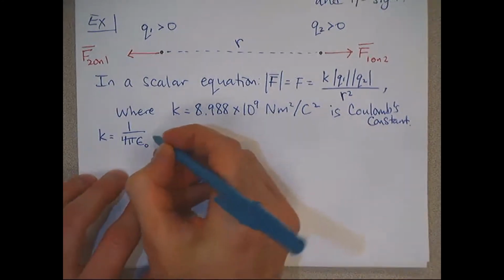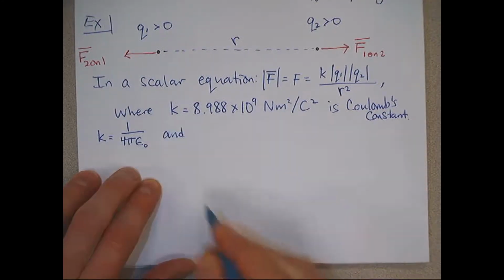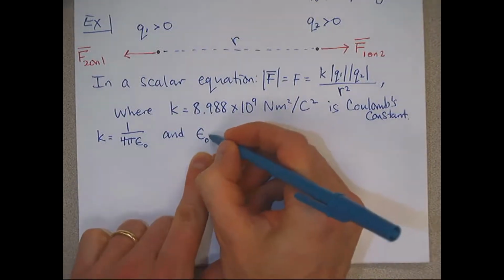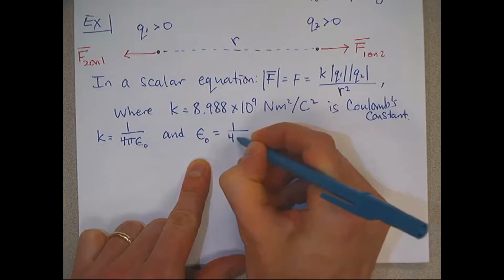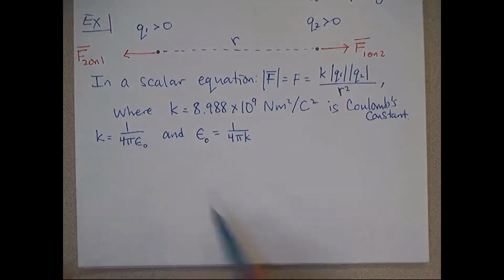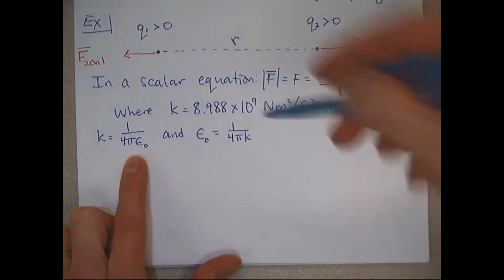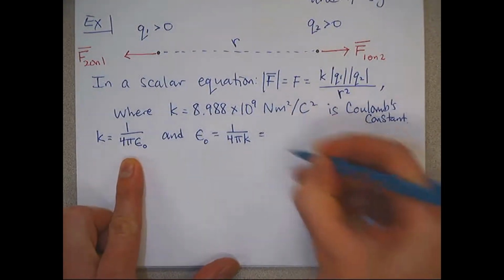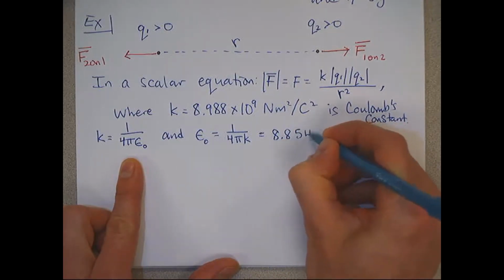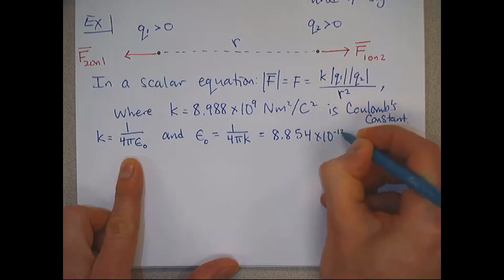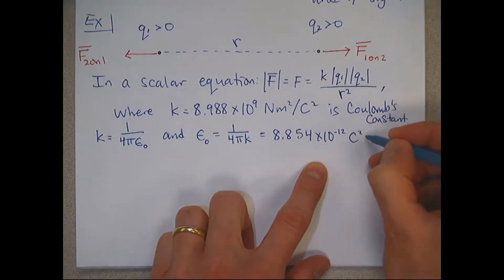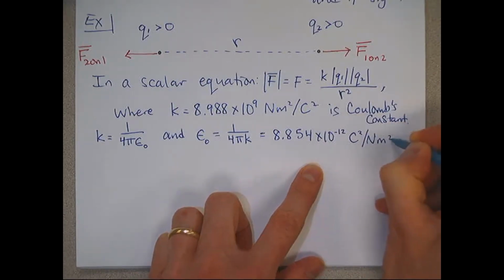It is intimately related to the quantity epsilon naught, epsilon sub 0. 1 over 4 pi k is epsilon naught, and k is 1 over 4 pi epsilon naught. They have an inverse relationship. Its value is 8.854 times 10 to the minus 12, and you simply need to invert the units here, so Coulomb squared per Newton meter squared.